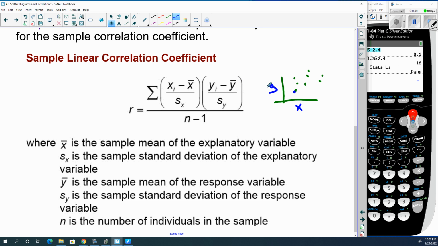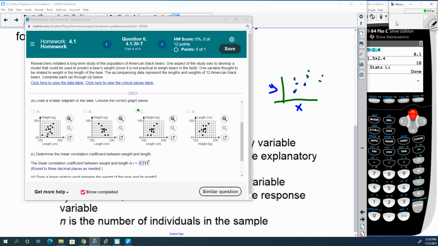Then you add, take another data point, and do the same thing. You keep doing that for every single one of these dots, and then you divide that by n minus 1. Again, we're not actually going to do that because I can do that in StatCrunch.